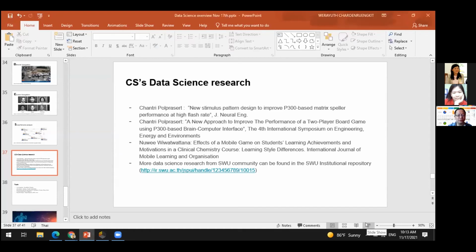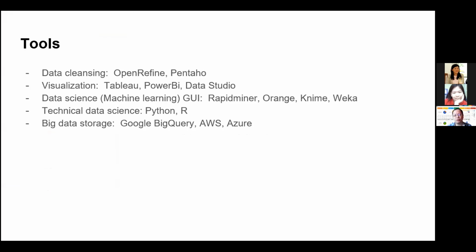For the tools, if you want to get into data science study and you want to start doing data cleansing, meaning that you have a lot of data from a survey and you want to clean it, there are different tools that are easy to use, like OpenRefine. OpenRefine is open source, and you can clean a large set of data, like data with maybe 100,000 rows.